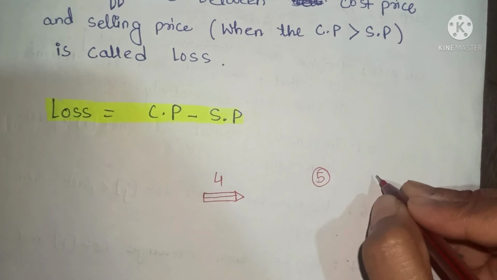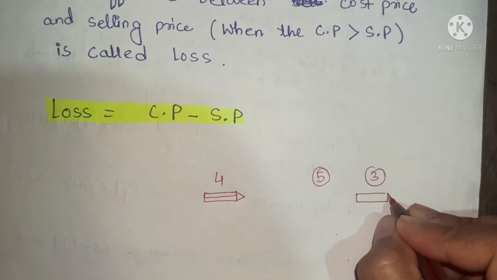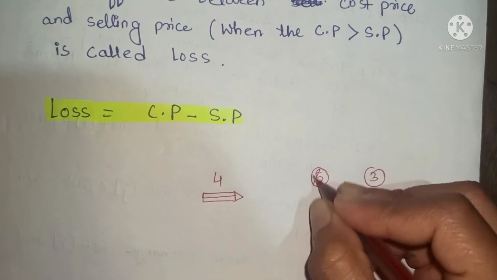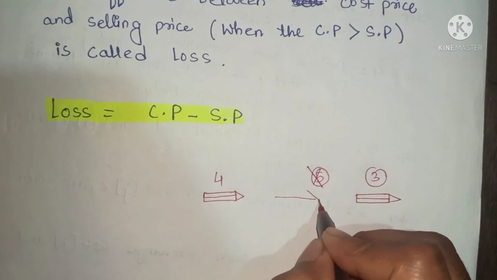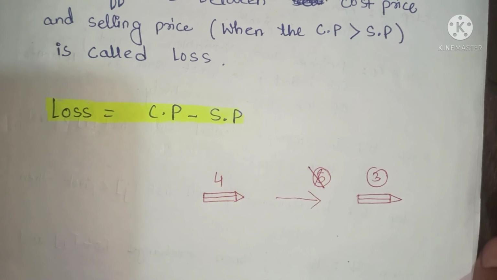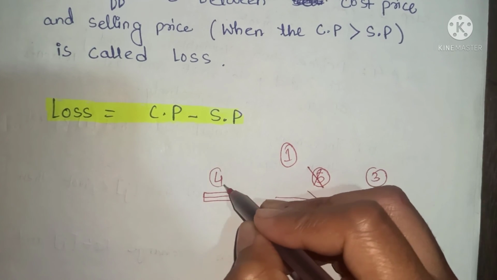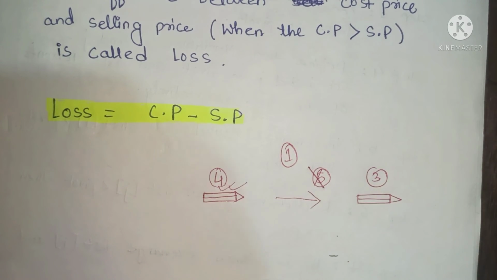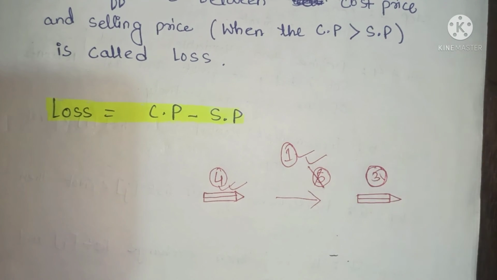Everyone wants it at 3 rupees. So I had to sell the pencil at 3 rupees. Right? That means, am I gaining something or am I losing something? I am losing 1 rupee. I have bought the pencil at 4 rupees and now I am selling it at 3 rupees. So 1 rupee is my loss.